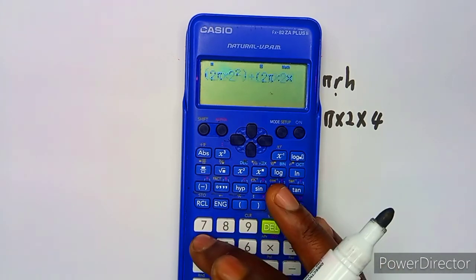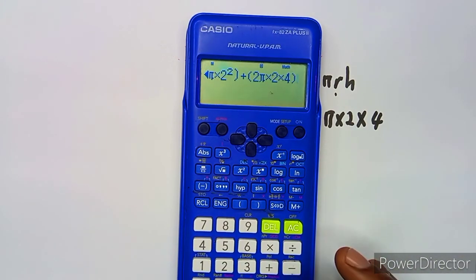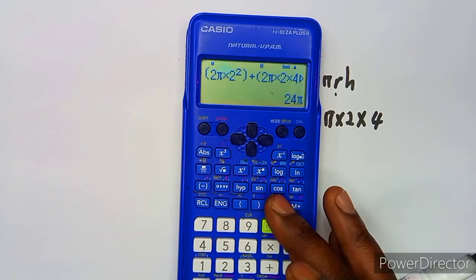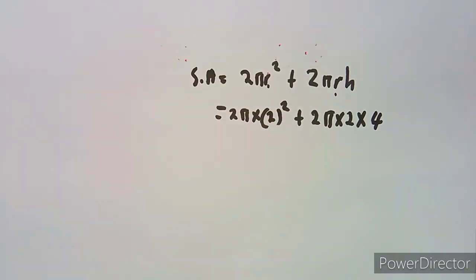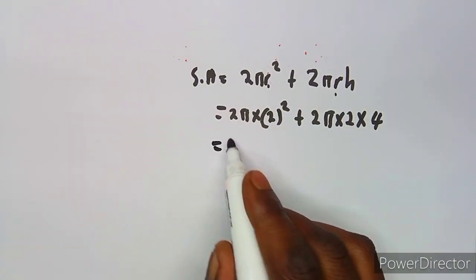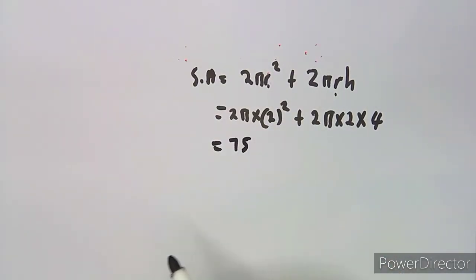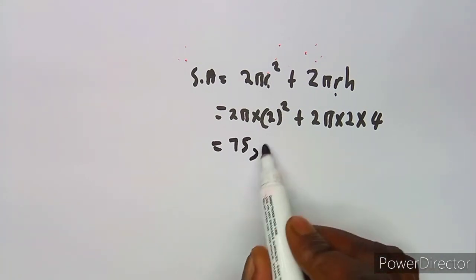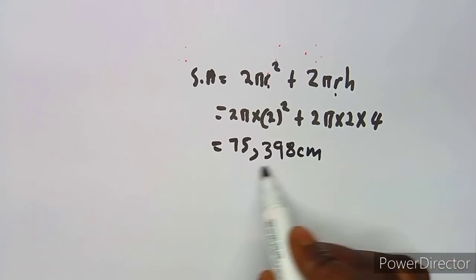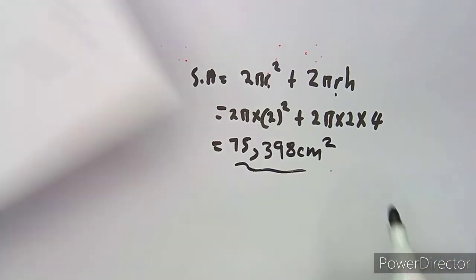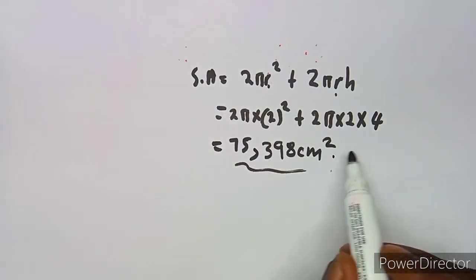Then you close the bracket, which is going to give us 24 pi, but as a decimal it is 75.398, which is in square centimeters, because the units are in centimeters, but this is area, so it's going to be square centimeters.